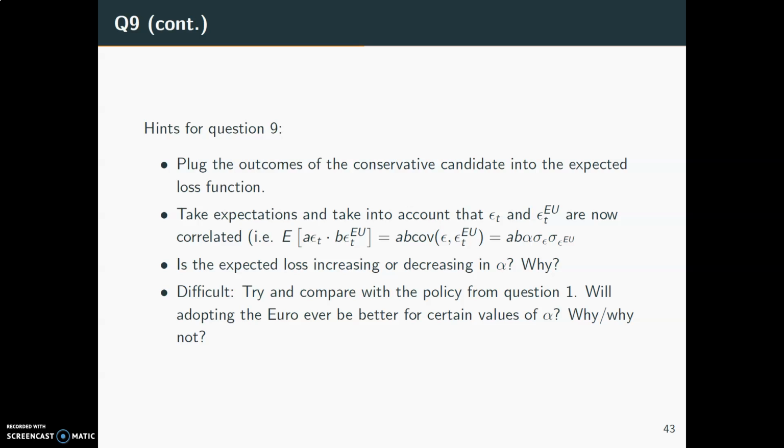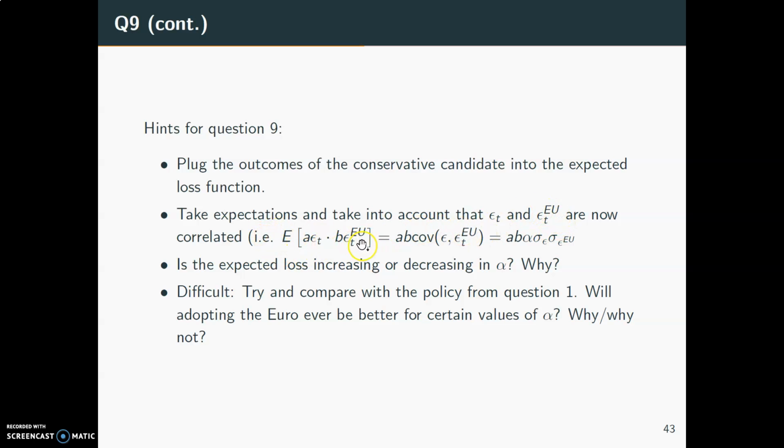Okay, so now finally, hints for this question. The first thing that you should do is plug the outcomes of the conservative candidate into the expected loss function. You have done this before in the previous set of questions. Then take expectations, and now take into account that epsilon_t and epsilon_t^EU, so the domestic supply shocks and the supply shocks to the Eurozone, are now correlated.